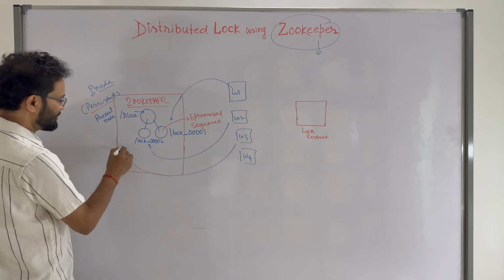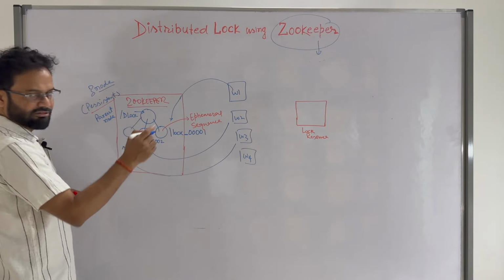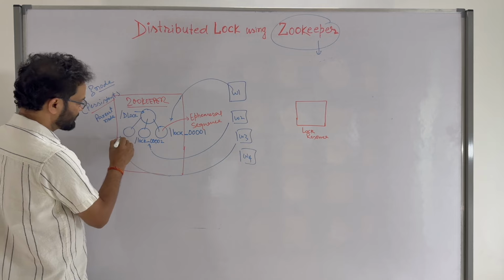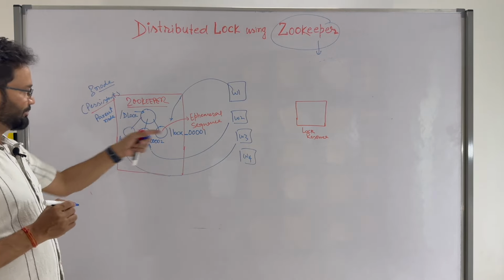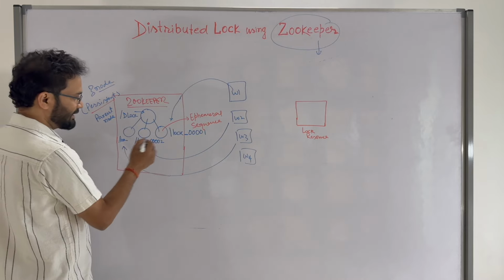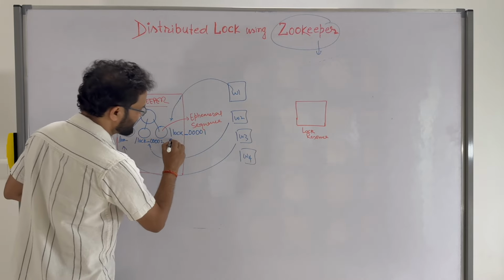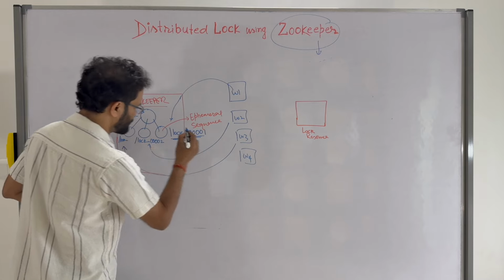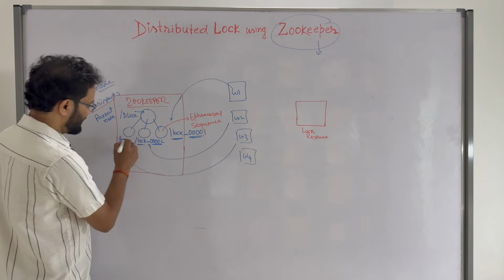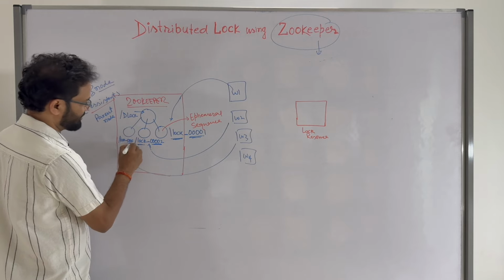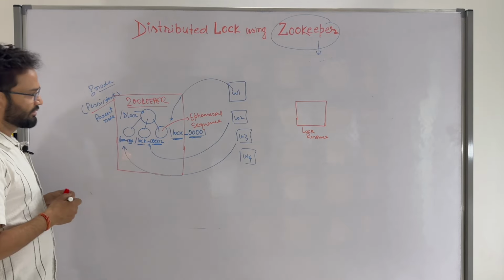The same time these guys also want the lock, so they again make the same name for the ephemeral sequence node. You created this node, but the suffix is added by Zookeeper, because this is a sequential Z node, right?